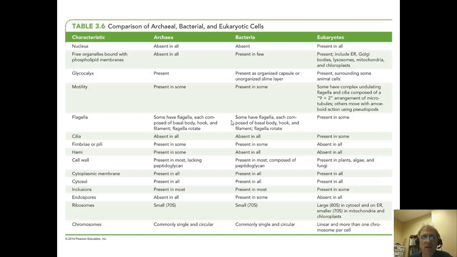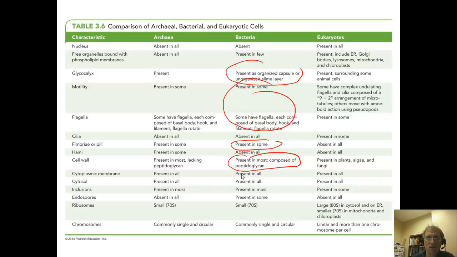The ones that we want to focus on here in Bio 230 are these, the ones that we find in the bacteria: the glycocalyx, the ability to move with flagella, the presence of fimbriae or pili, the presence of a cell wall and what makes up the cell wall, membranes, cytoplasm, ribosomes, endospores, and the presence in a prokaryote of a single circular chromosome.